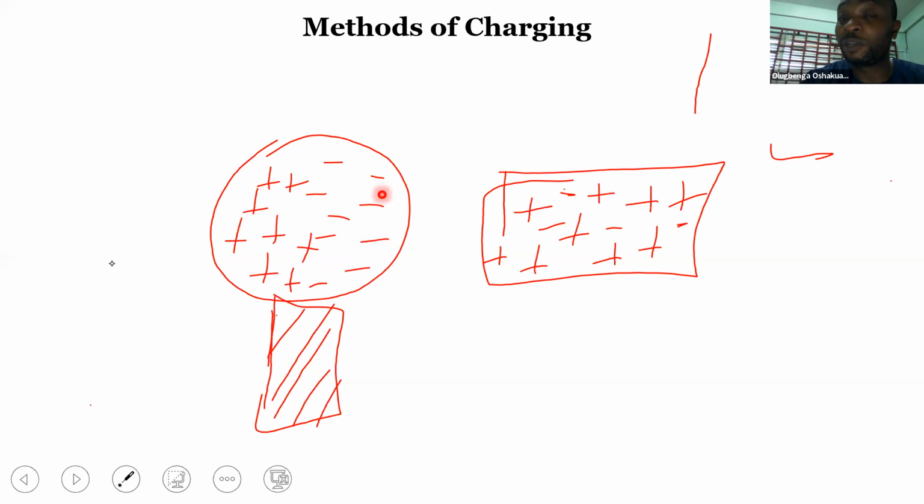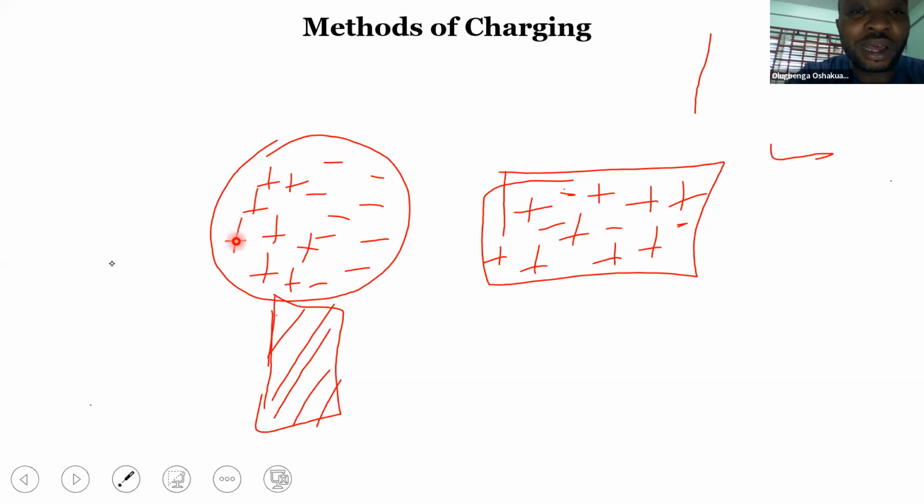That can be explained by saying that unlike charges attract. So the unlike charges to this positively charged body are the electrons, and they will come closer to the charged body, leaving the other end deficient of negative charges.